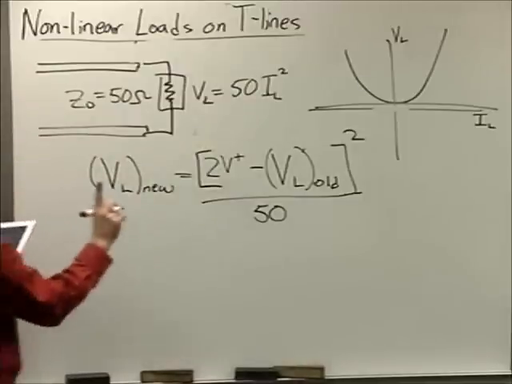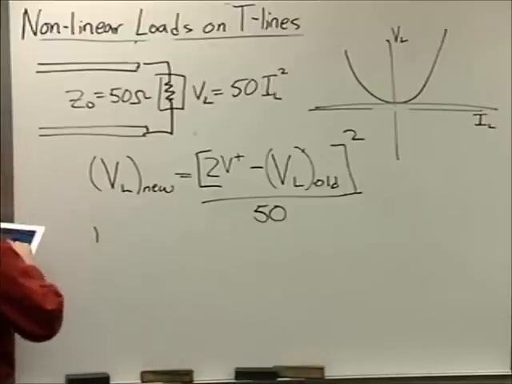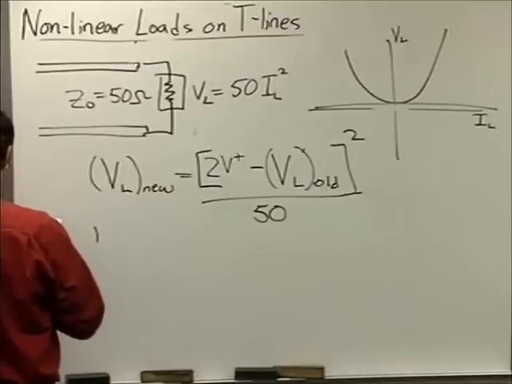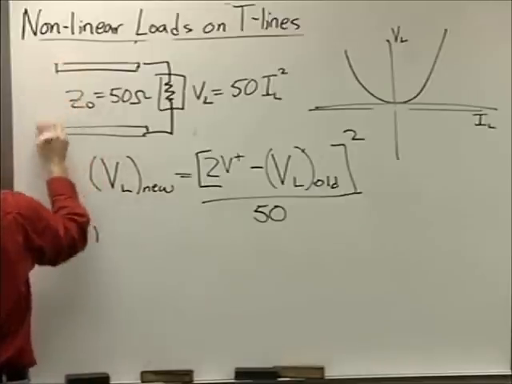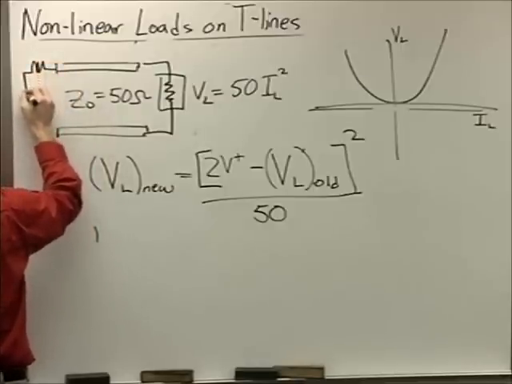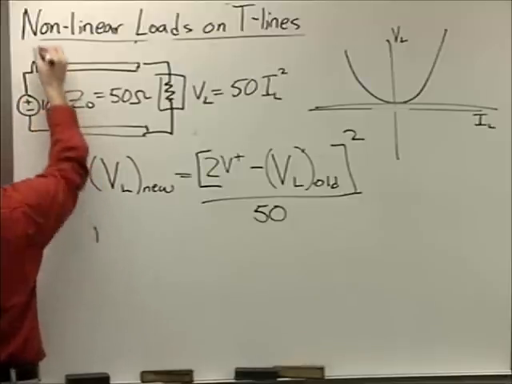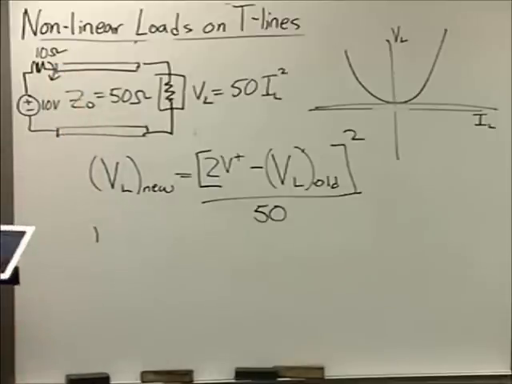Well, let me go ahead and iterate through the solution here. What's a good guess? Well, let me first give you a source side. We're going to assume that there's a match over here, to a 10-volt source, that I've switched in at time equal to 0, like all of my other problems.